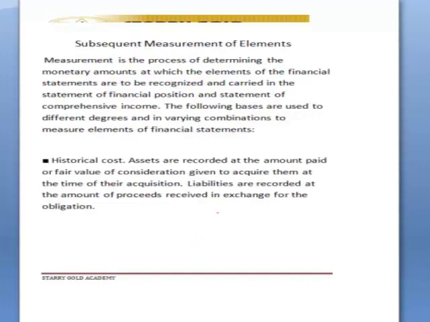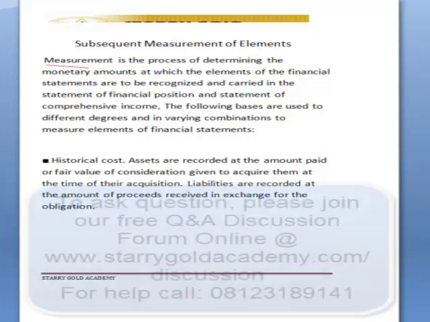Then after which, what will be the subsequent measurement of an element: an asset, liability, income or expense? Measurement is the process of determining the monetary amount at which the elements of the financial statements are to be recognized and carried in the statement of financial position and statement of comprehensive income.